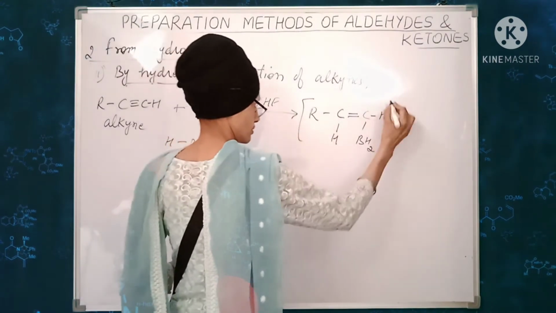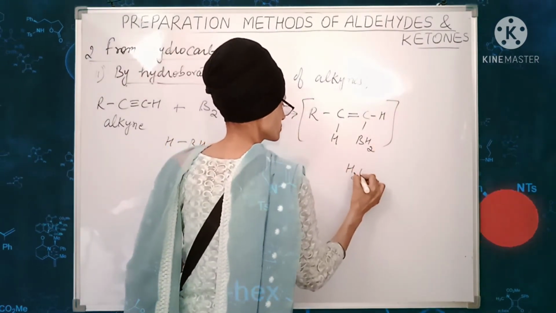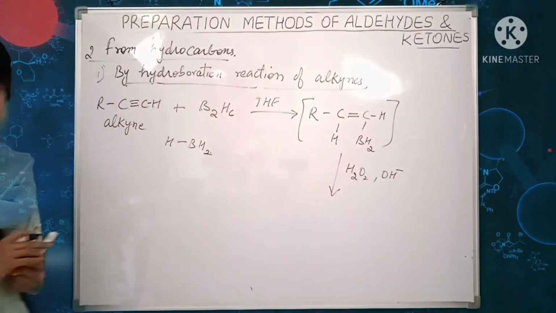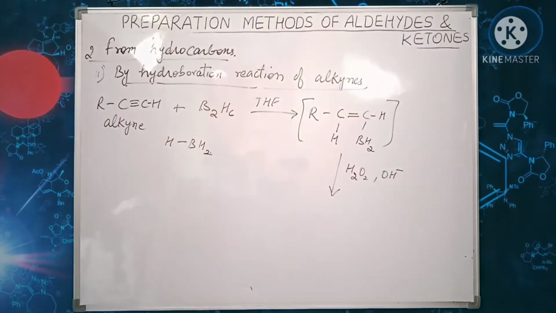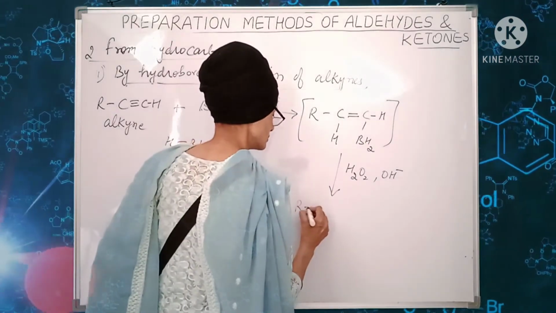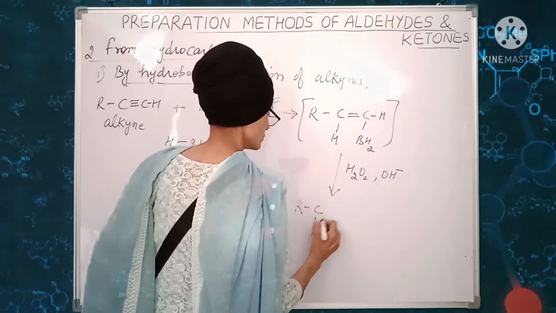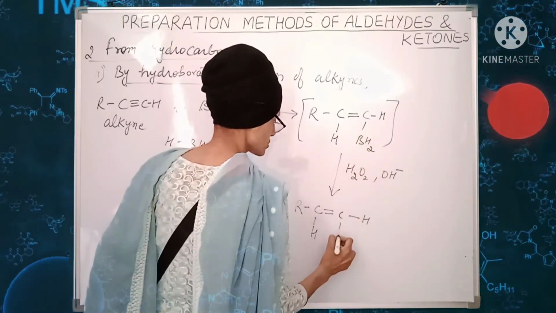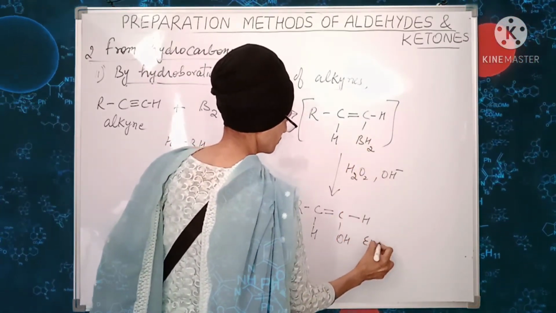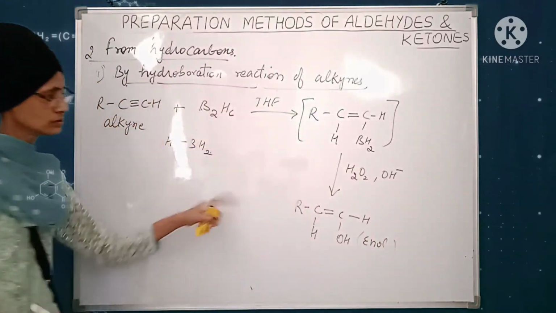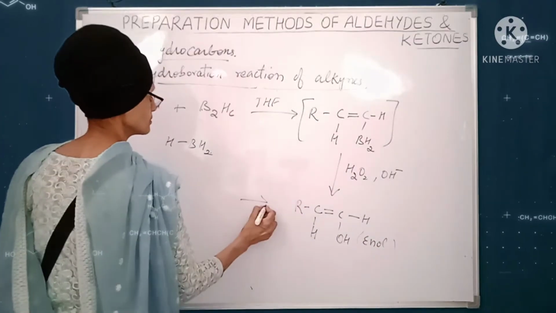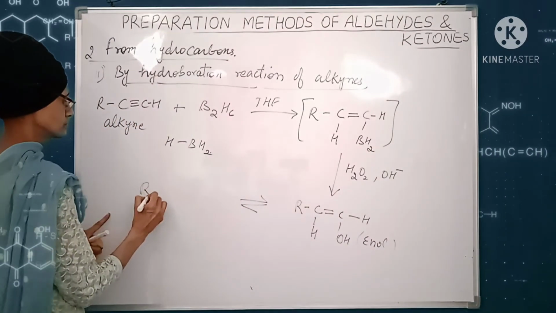This is also one of the intermediates, which on further reaction with hydrogen peroxide in basic medium gives us an enol. Again a double bond, with BH2 replaced by OH. This enol will further undergo tautomerism and change into an aldehyde, this way.